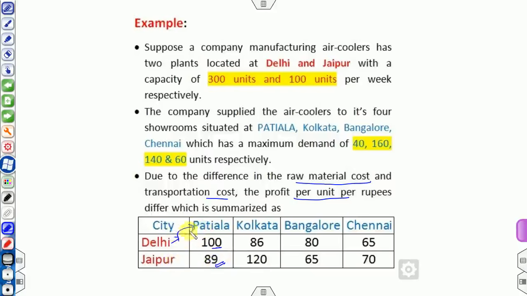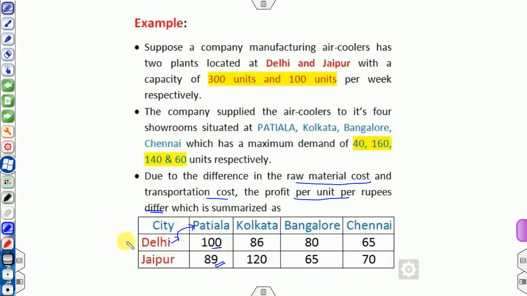It's quite obvious because Patiala is near Delhi, so the transportation cost is less compared to Jaipur, so the profit will be higher. Similarly for Delhi to Kolkata, Delhi to Bangalore, and so on, these profits per unit in rupees differ from city to city and from the manufacturing plant.